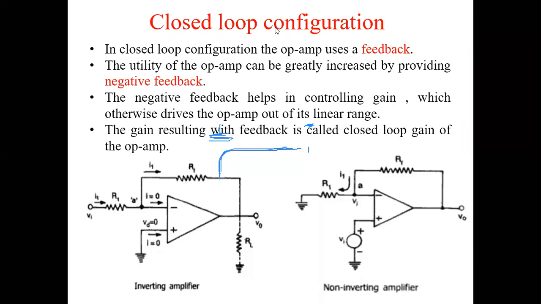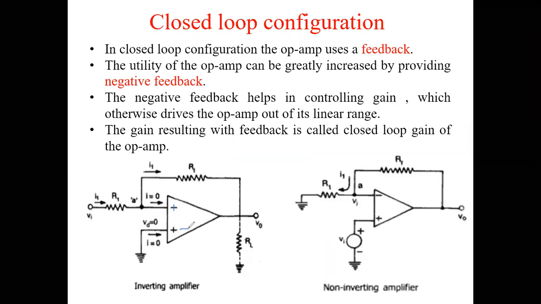So keep in mind that the symbols inside the triangle are the most important. If you take minus and plus interchanged and you apply the input to the plus, implying the inverting terminal, the concept will go wrong. That means you get 0 marks, and that is why most of the people fail in this subject, only because of plus and minus.